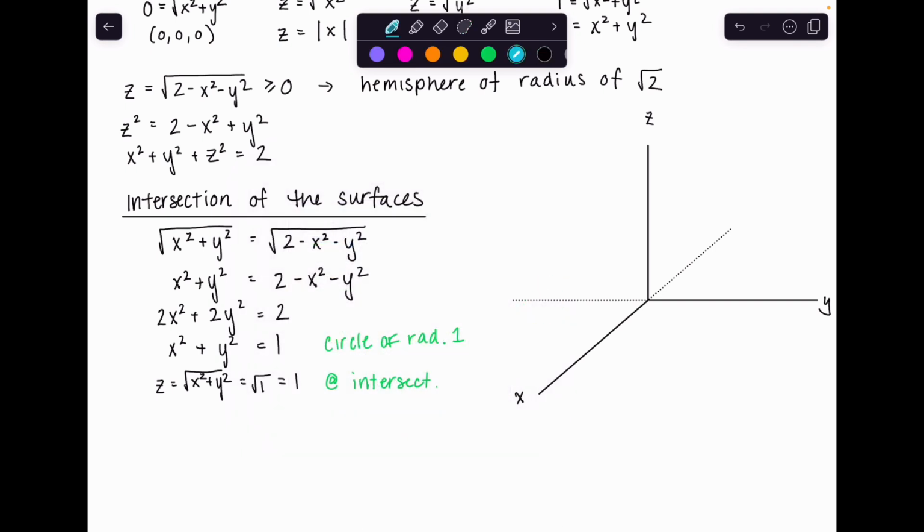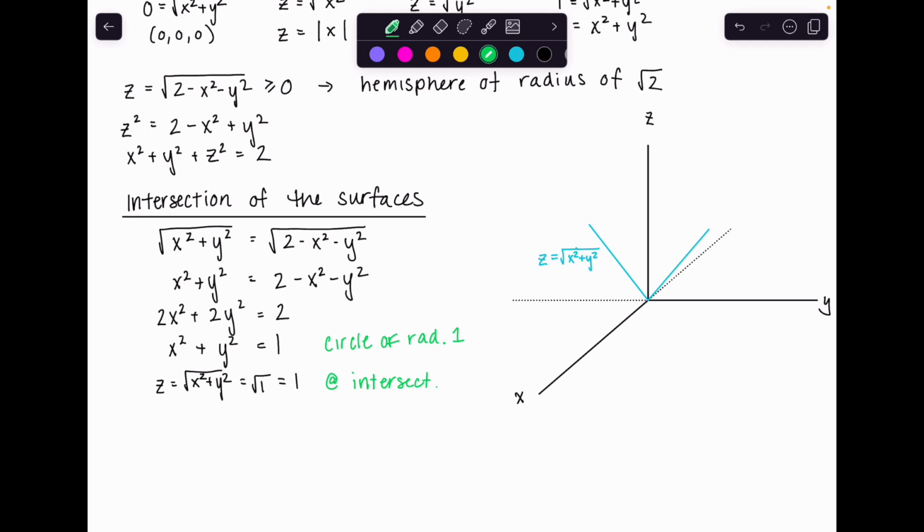We've got our cone. So z equals the square root of x squared plus y squared. You have an absolute value in each direction. I'm just going to draw this version of it. So this is z equals the square root of x squared plus y squared.